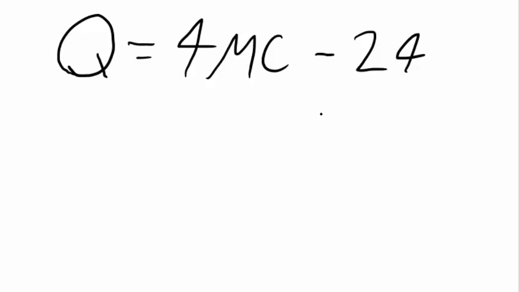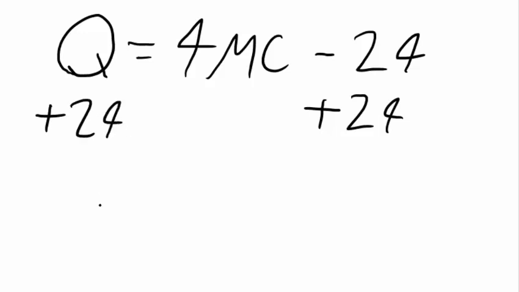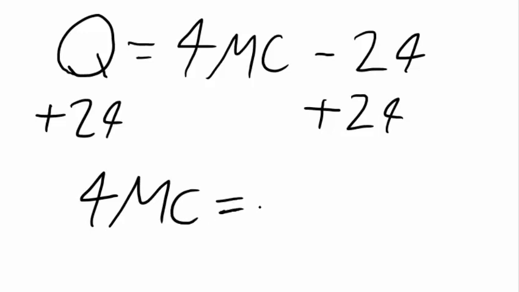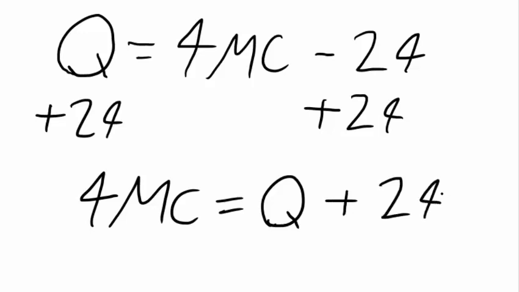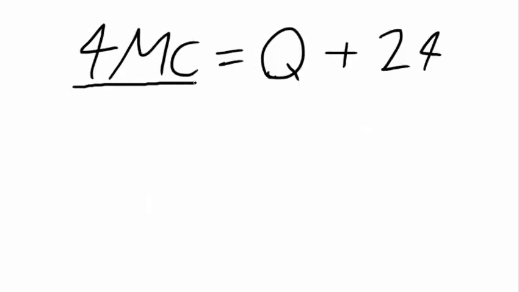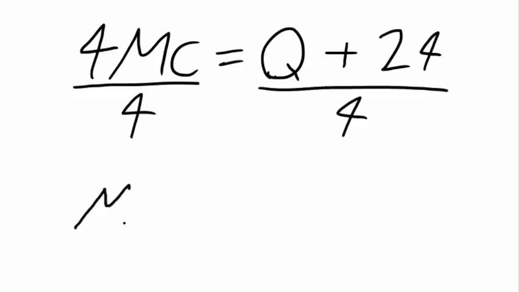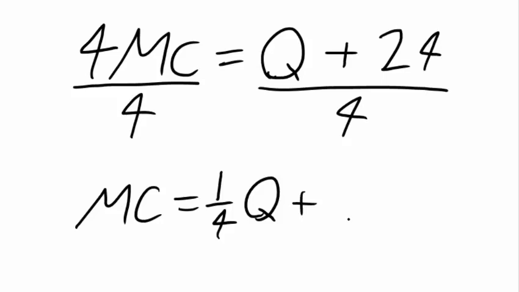So what we would do is add 24 to both sides and get 4 times the marginal cost equals Q plus 24. And if we were to divide both sides by 4, we would get marginal cost equals 1/4 times Q plus 6.